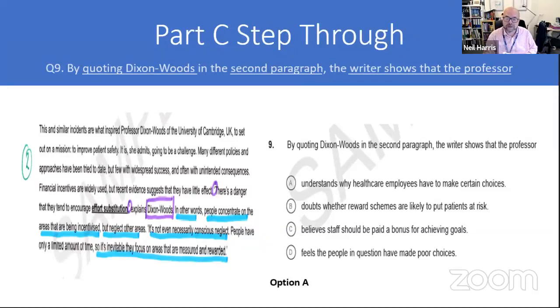And for many of you, I think, it was between A and B. And there we look carefully to make sure that every single part of the answer is in the text. And whilst, yes, reward schemes is a nice paraphrase for the incentivization of the healthcare professionals, there is really nothing about putting patients at risk. It makes this option wrong.